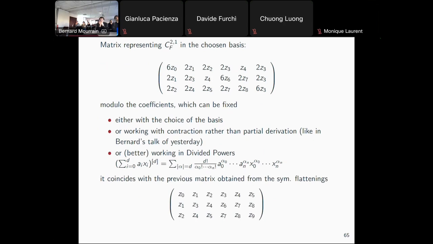Or you may work on divided powers instead of the space of polynomials, and then you get rid completely of all the coefficients. These are more computational aspects, and I don't want to stress them too much. I just want you to keep in mind what we are doing: essentially partial derivation, whether we solve the problem of coefficients in the basis by contraction or by divided powers.